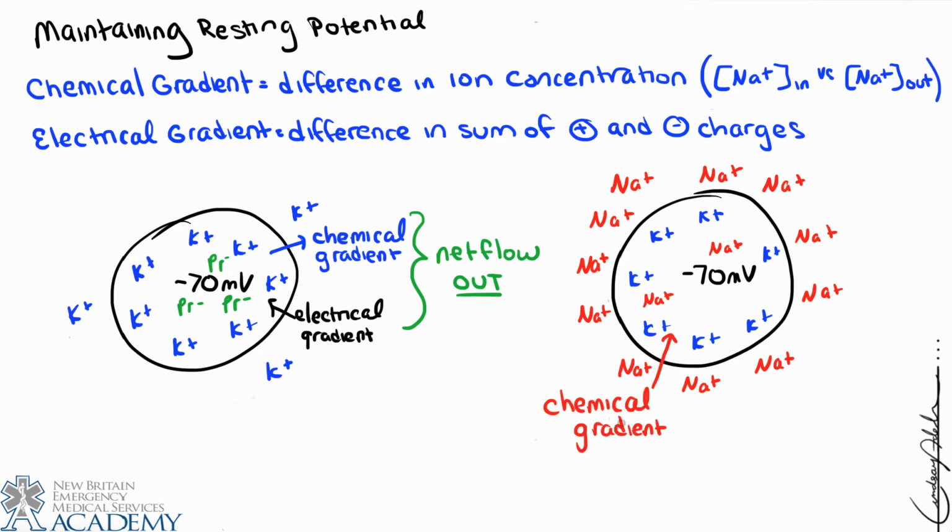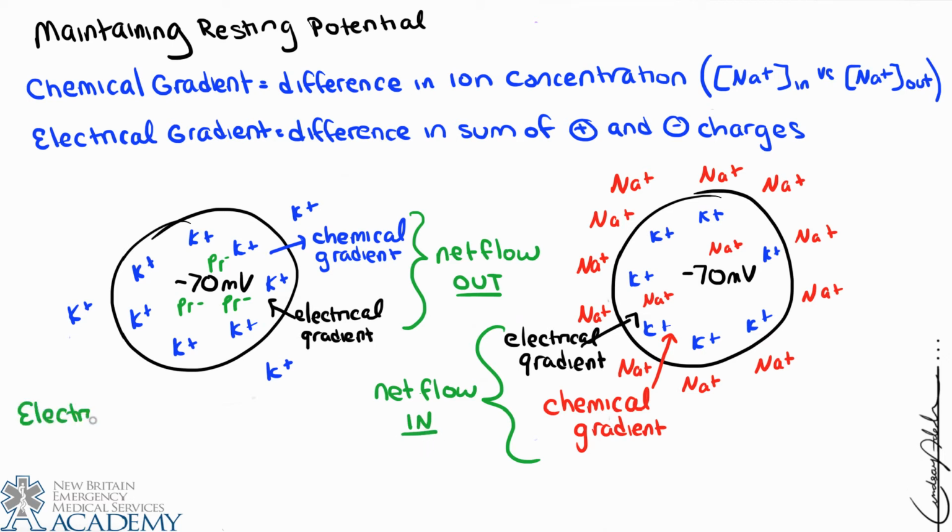And if we were to consider the electrical gradient alone, sodium is also a positively charged ion, and it's drawn to the minus 70 millivolts inside of the cell. As it turns out, these two forces sum together for sodium, and the net flow is going to be into the cell. So what this tells us is that we can consider the chemical gradient and the electrical gradient together. It actually forms the electrochemical gradient, and it's the sum of the chemical and electrical forces that act on an ion across the membrane.